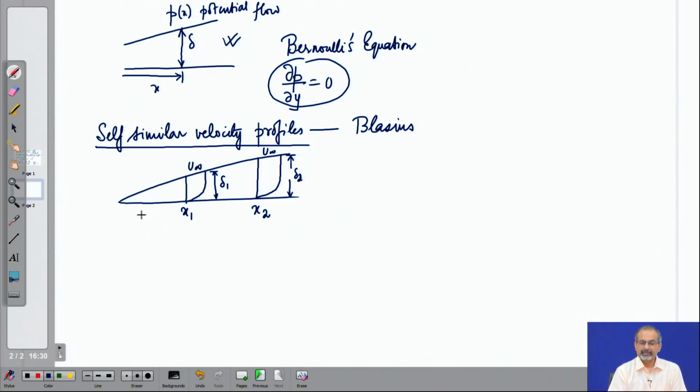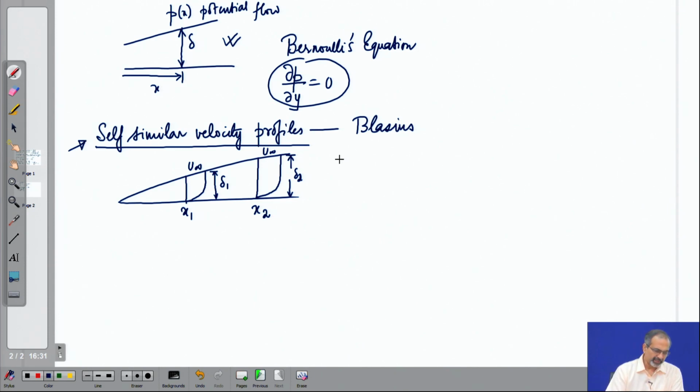Therefore, if we look at it in the xy plane, these velocity profiles would look different, but if we look at a transformed plane by using certain scaling functions, then all these velocity profiles could be collapsed into a single profile and made congruent. That is basically the principle of self similarity.